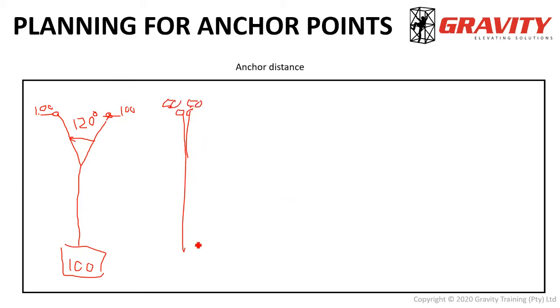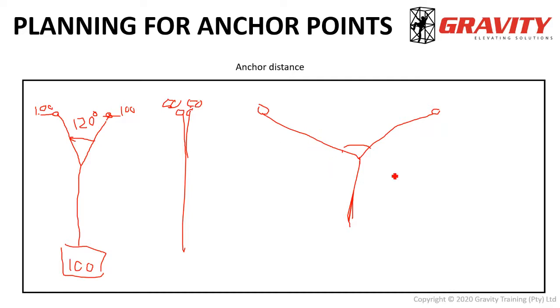Okay, so when you're placing anchor points and you're using anchor points on site, if your anchor points are too far apart and you're using something like a double loop figure 8 or any load sharing anchor point where you use 2 anchor points to suspend one load, that angle becomes extremely important in terms of how strong your anchors are and what amount of force that anchor can take. Okay, now you have 2 solutions for this one.